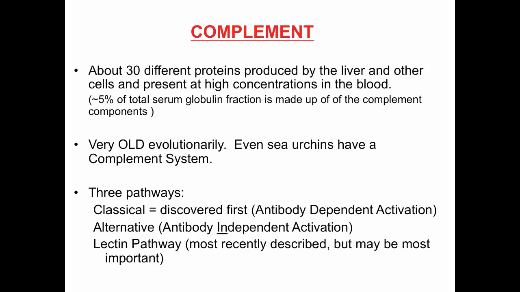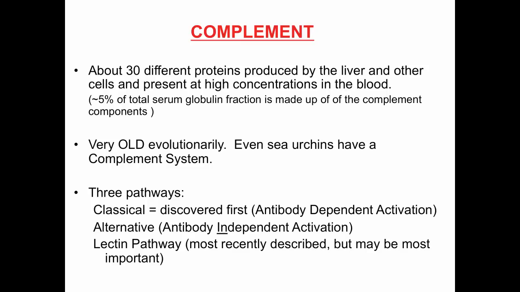Another group of proteins that pre-exist and can be thought of as being part of the innate immune system is the complement system. What the complement system is really, it describes at least 30 different proteins that are largely produced by the liver and are present, pre-existing at high concentrations in the blood.